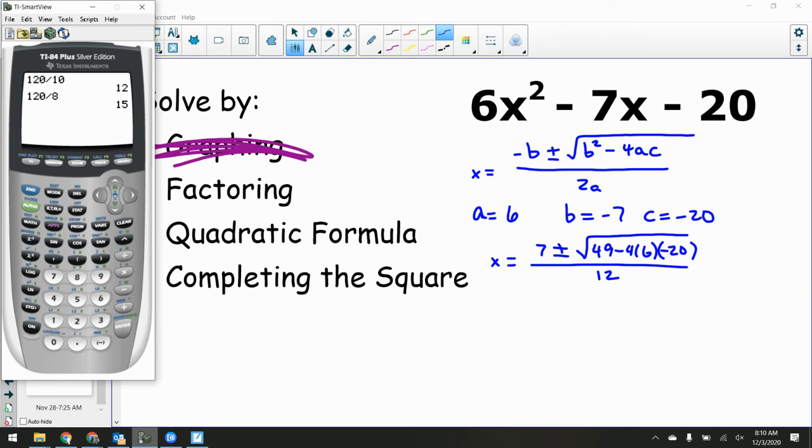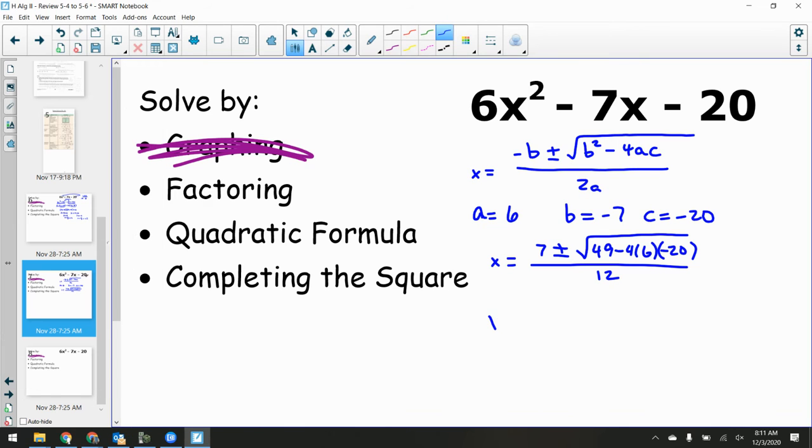So I go to my calculator and I chip away underneath: 49 minus 4 times 6 times negative 20. That's underneath my radical. Let's see if that's a perfect square. Oh, it's a perfect square. Look at that. The square root of 529 is 23. Not negative 7, positive 7, excuse me.